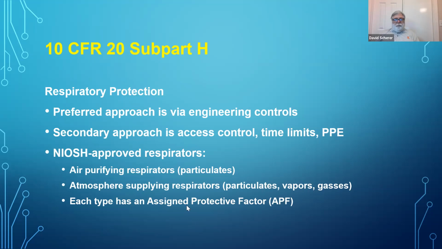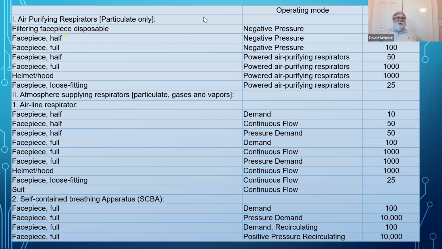So here are some of the types of respirators and the associated assigned protection factor. So a half-face respirator, I should have had pictures of it, something you wear around your face.